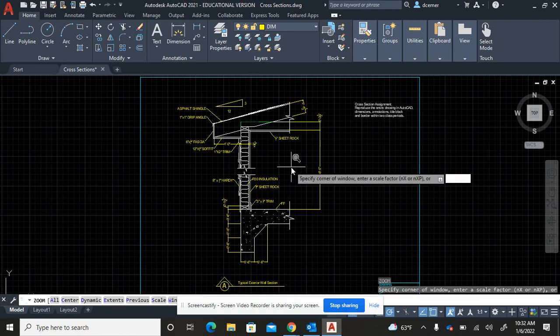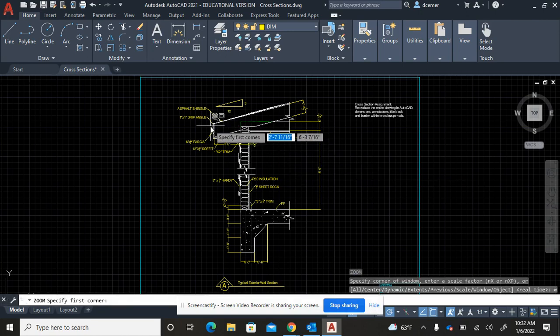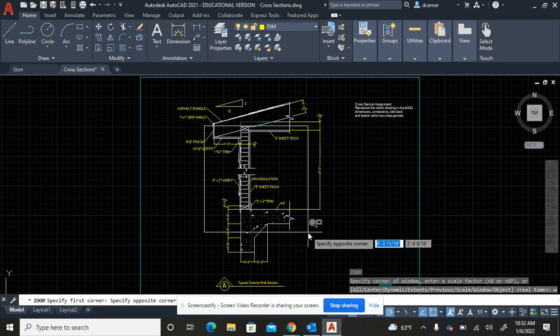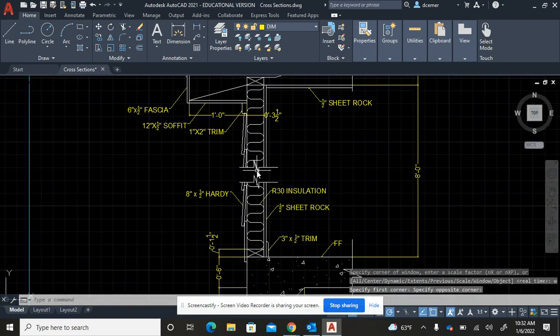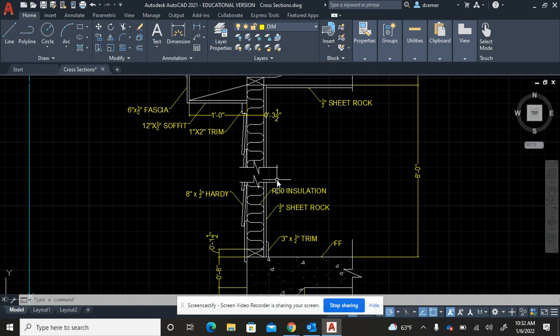Well, if you zoom in on this area right here, you can see that I put a break line instead of showing an entire 8-foot high wall. I just made a break line indicating that there's some extra stuff going on there that's exactly the same as what's shown above and below it.